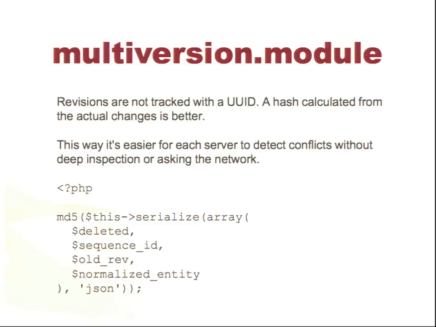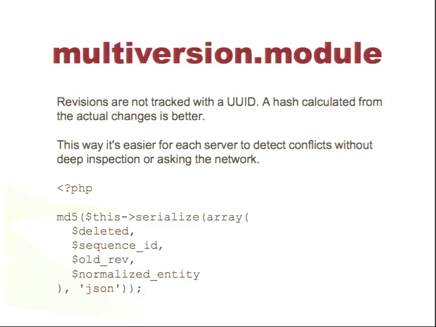This way, it's easier for each server in the network, staging or production or your editorial sites, to detect conflict without needing to do deep inspection of an entity, or without needing to ask the network, your other editorial sites, what did you change, what was your last revision, a lot of network calls to figure that out. So we have a consistent hashing mechanism where the revision is just a hash of the changes.